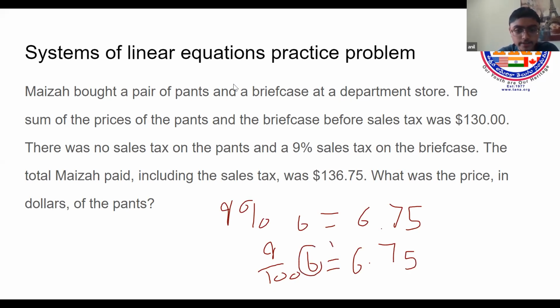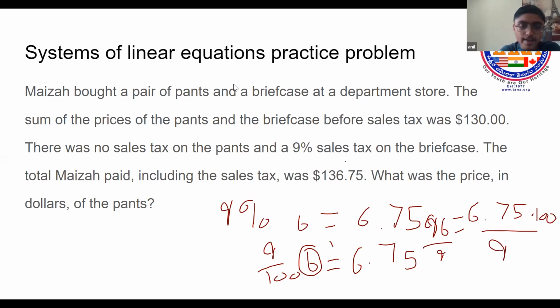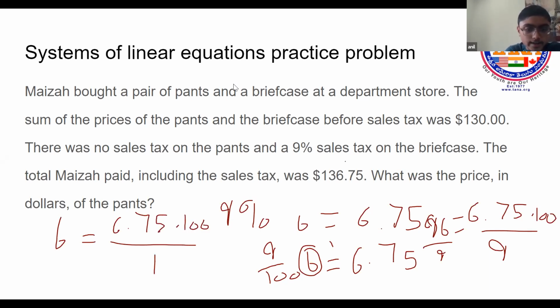You're trying to isolate for this value, so you multiply by 100. 9B equals 6.75 times 100. Then you divide by 9 on both sides, and you get B equals 6.75 times 100 over 9. And if you use your calculator to solve this out, you get 75 for your briefcase price.